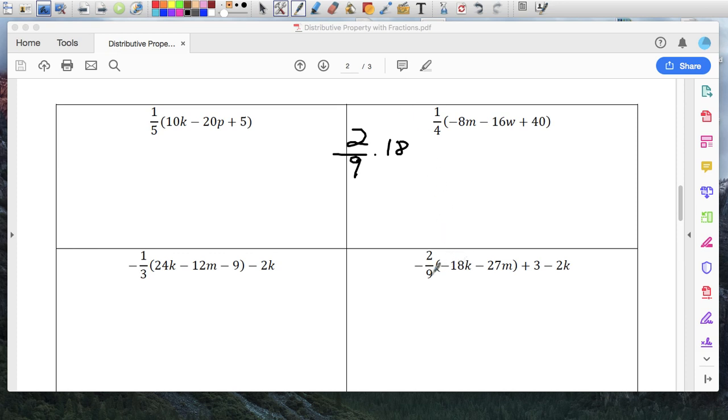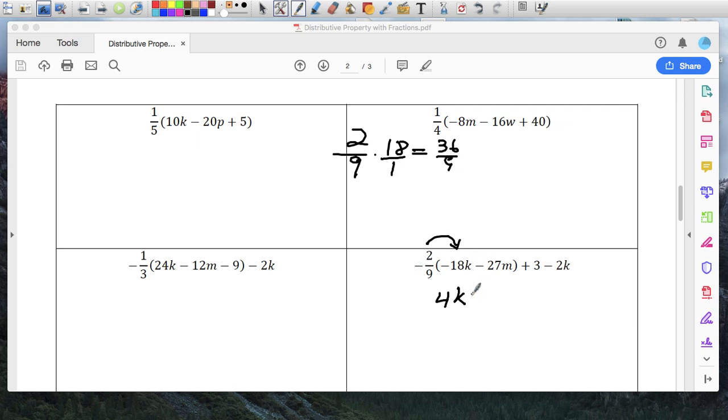So 18 divided by 9 is 2, and 2 times 2 is 4. So that would be negative times negative positive, first of all, and that would be 4k. Now, if you like to do it this way, 2 times 18 is 36, right? By multiplying this, 9 times 1 is 9, and 36 divided by 9 is 4. So either way is fine.